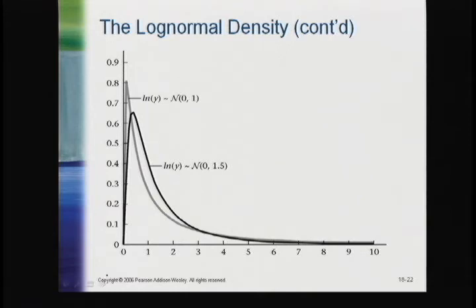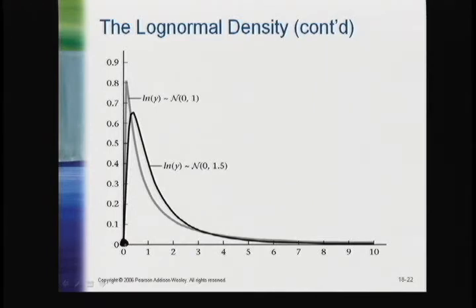So here's a graph, and you'll notice that all log normal distributions are 0 at 0, even though you can't plug the value 0 into the density function because the log of 0 is minus infinity. It should be clear to you that as y goes to 0, the log of y goes to minus infinity.